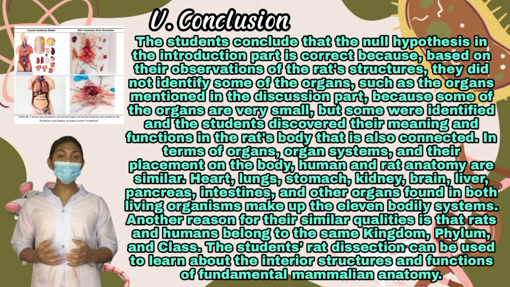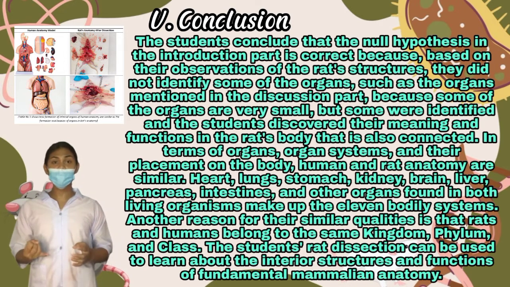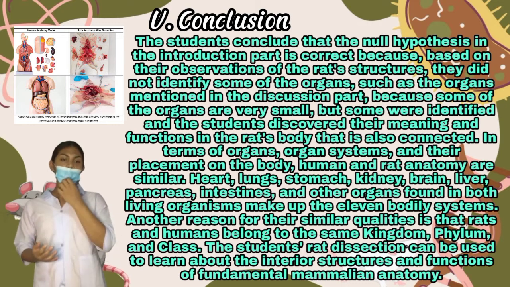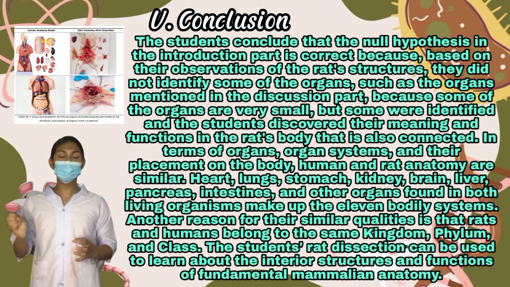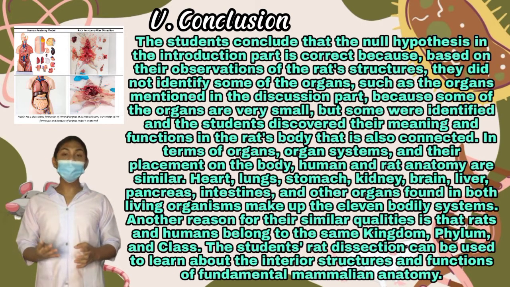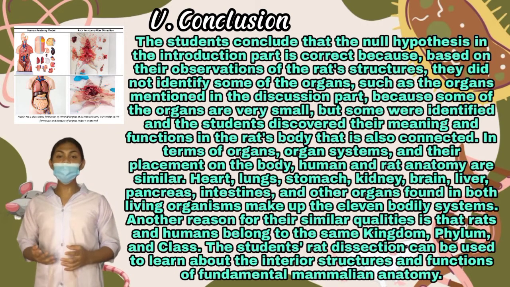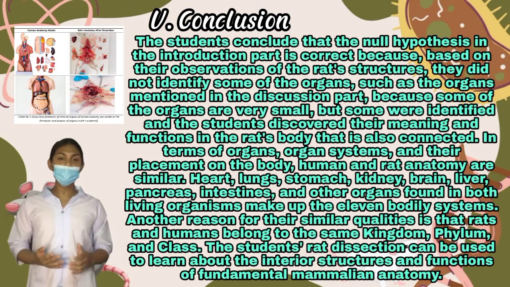Human anatomy and rat's anatomy have the same features in terms of organs, organ system, and its formation inside the body. Both of the two living organisms have the same organs such as heart, lungs, stomach, kidney, brain, liver, pancreas, intestine, and etc. that make up the 11 body systems.